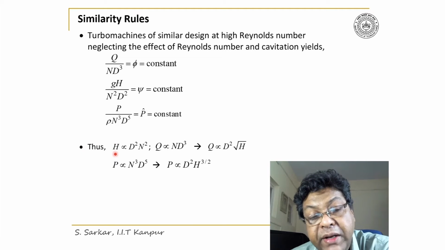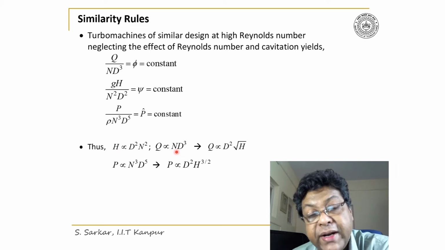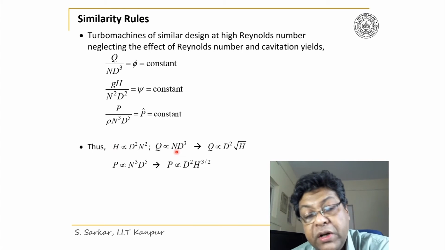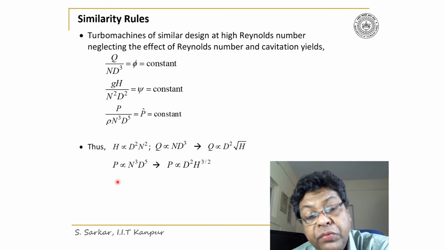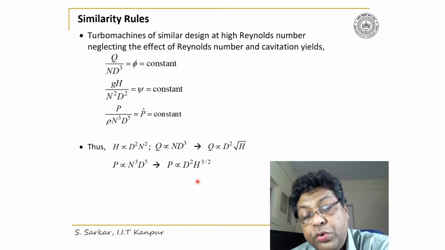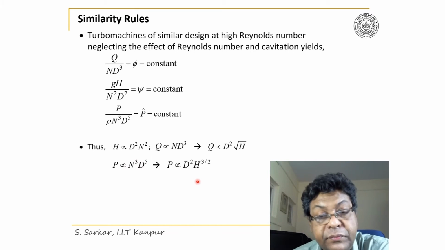And thus combining these two, I can write Q also proportional to D squared root H. Similarly, P proportional to N cubed D to the power 5 and replacing N, I can write P proportional to D squared H to the power 3 by 2.